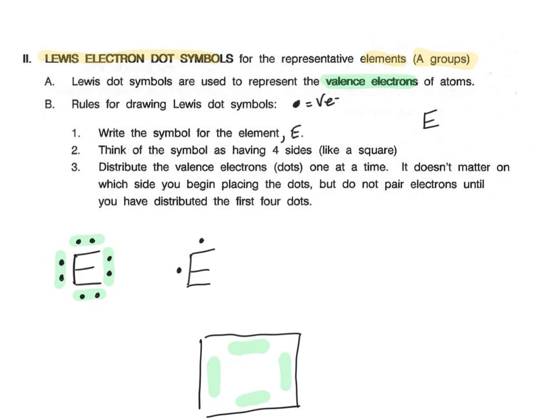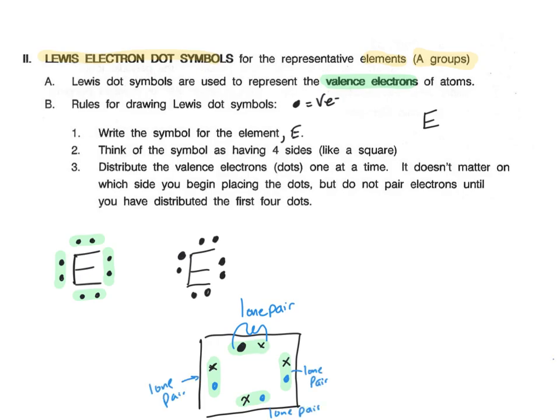But if there's only 2 people, you'll each take your own bed. You won't sleep together. Then you go to the 3rd bed when there's a 3rd person, and the 4th one when there's a 4th person. And when the 5th brother or sister joins you, then one of you has to pair up. We call that a lone pair once they start pairing up. And then we go to the next one and we continue around again. So you add 1 electron at a time, and then you start pairing them when you have to.